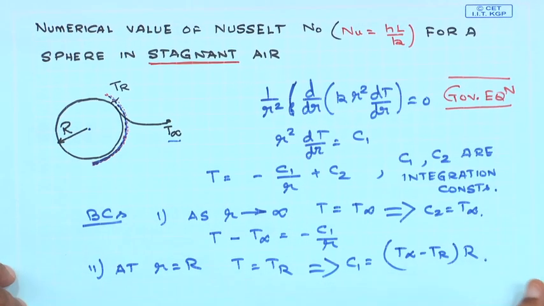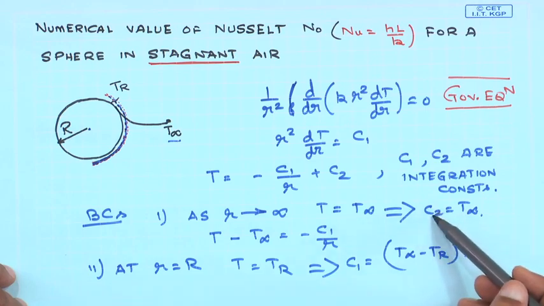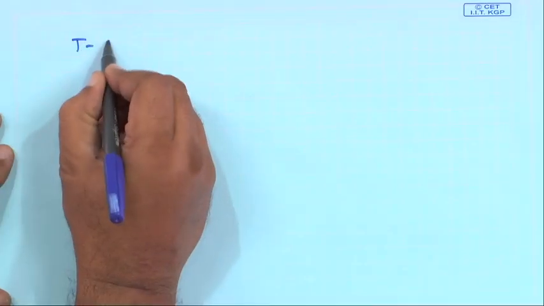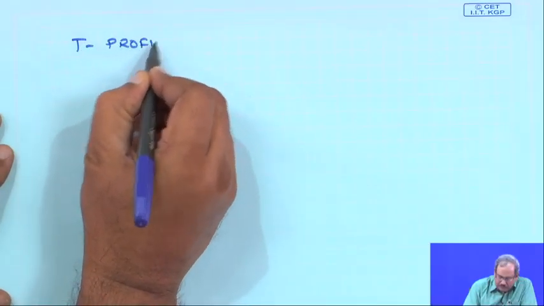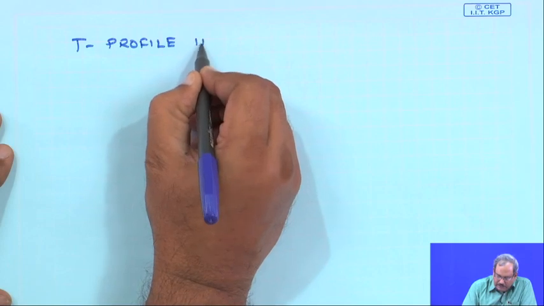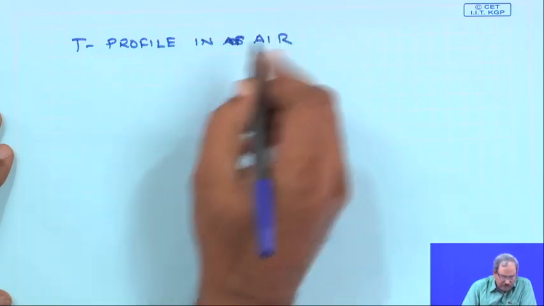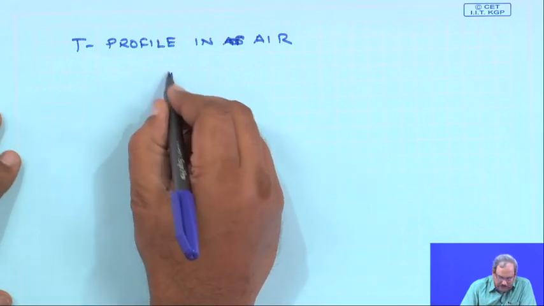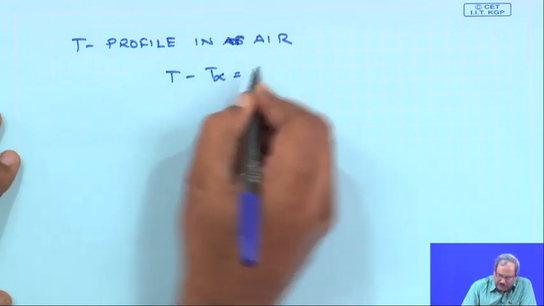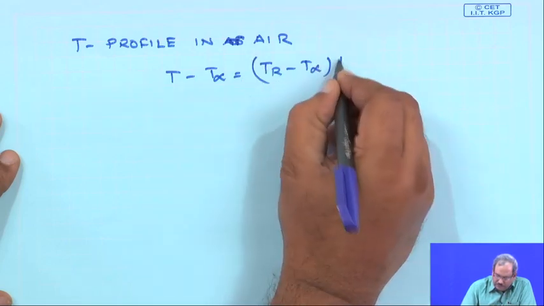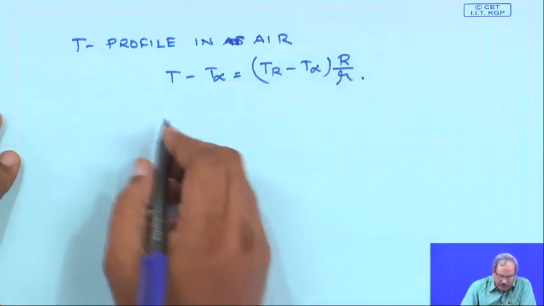So, therefore, using the expressions of C1 and C2, you would be able to write the temperature profile in air that surrounds the hot sphere as T minus T infinity is equal to T_R minus T infinity times capital R by small r.